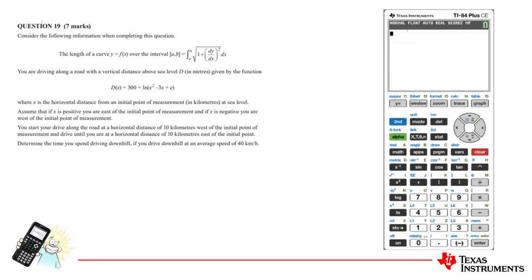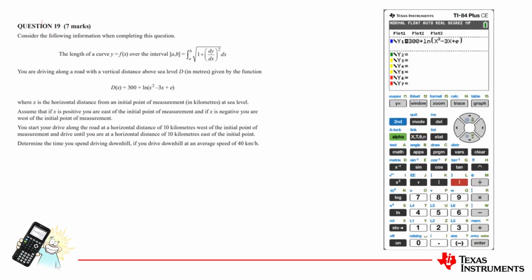So I would really like to get a nice visual of this to see when I'm actually driving downhill, and from there I can do a little bit more calculating. So I'm going to sketch the graph of this function, 300 plus the natural log of x squared minus 3x plus e.